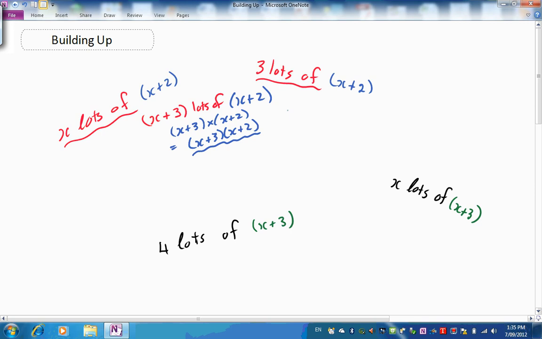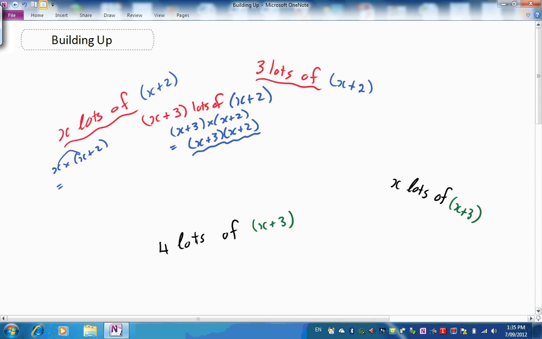So we're building up an abbreviated system for representing some of our multiplications. What would it mean though? x plus 3 times a bracket of x plus 2. Well, I suppose we could work it out separately over here. x lots of x plus 2, what's that come to?